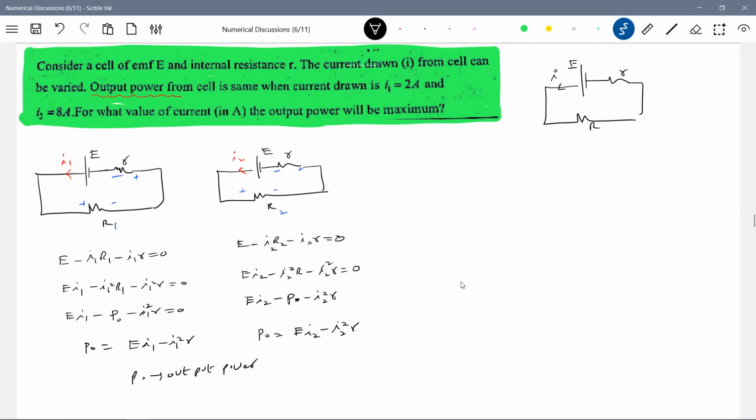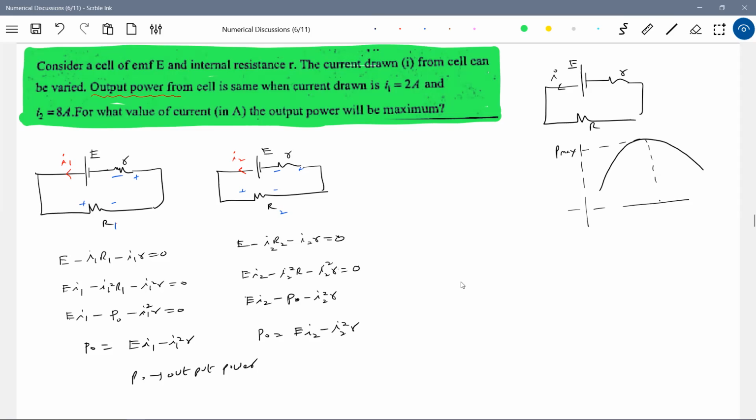Some current will flow. I think the power will be maximum when the load resistance becomes equal to the internal resistance. This is the maximum power, no? When the load resistance becomes equal to the internal resistance.